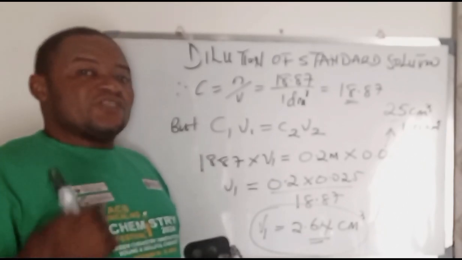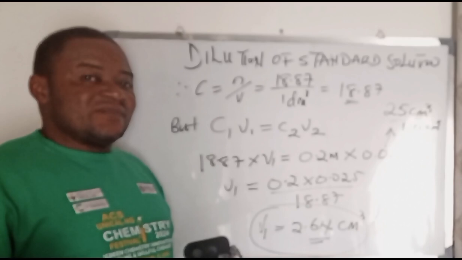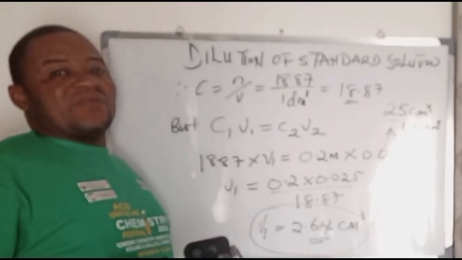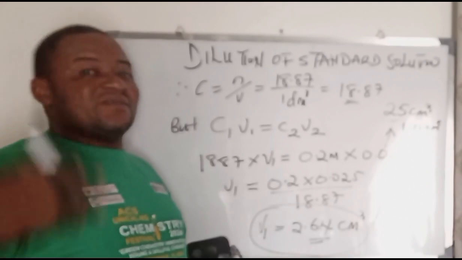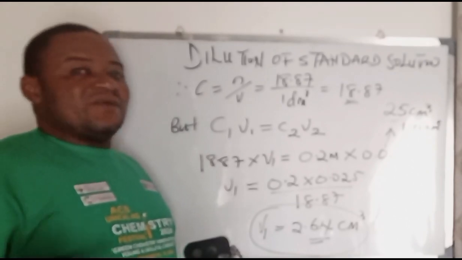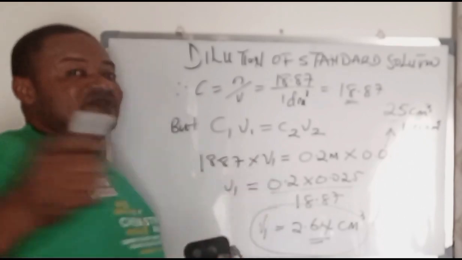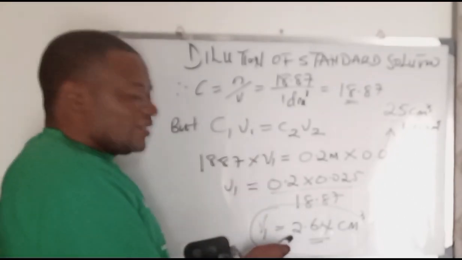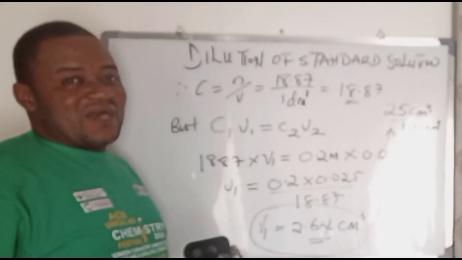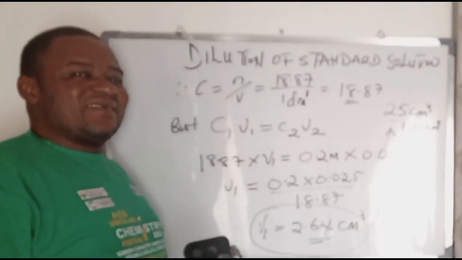So you can see that to dilute that particular 0.2, which is 16 point something per 1000 ml, to 250 mils, you will rather need 2.64 cubic centimeter H2SO4 acid to do that dilution.